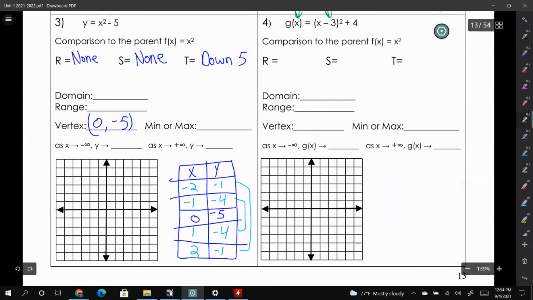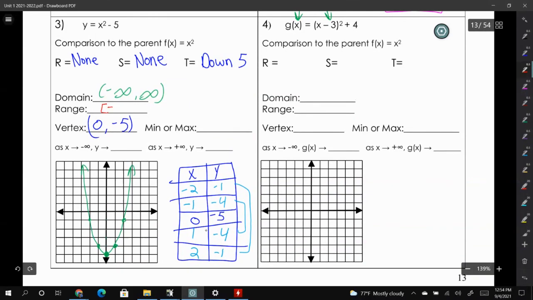And then when we graph them, there's my vertex. And here are my points. So our graph looks like that. Domain is always like that. Our range.